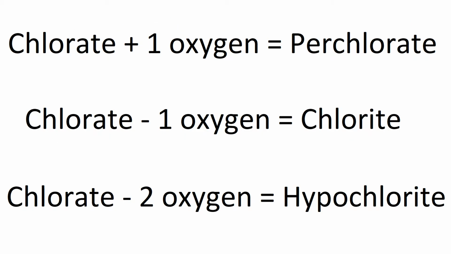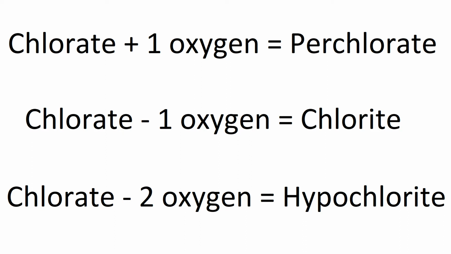So what does the root mean? If you add one oxygen to chlorate, the root and base polyatomic ion, you get perchlorate, because you add the prefix per-. If you take one oxygen away from the root chlorate, you get chlorite, because you change the suffix -ate to -ite.